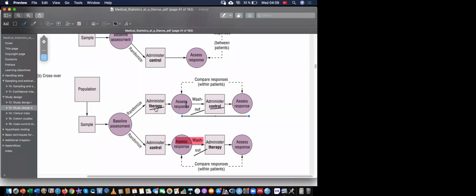Here, you can control the same people taking medication A and taking medication B, and compare the outcome variable between when they were using medication A and when they used medication B. Do you understand the difference between parallel and crossover study?